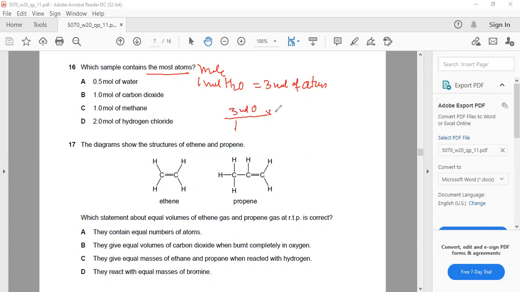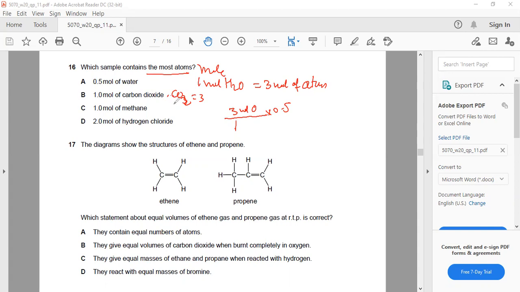So 0.5 mole of water, how many? 1.5 mole of atoms. 1 mole of carbon dioxide has 3 mole of atoms, 2 and 1, 3.